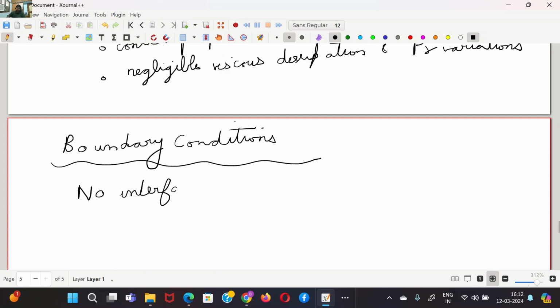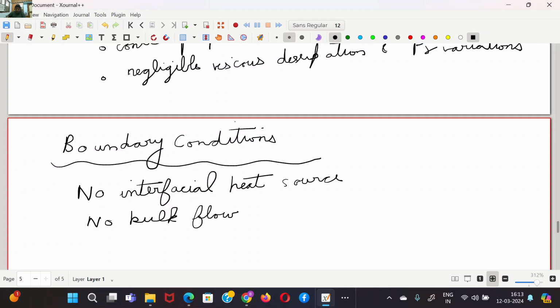For instance, at the interface between a liquid and a gas, there is no heat source, since that would complicate the problem a lot. We also won't consider any bulk flow across the interface, just to keep things simple.